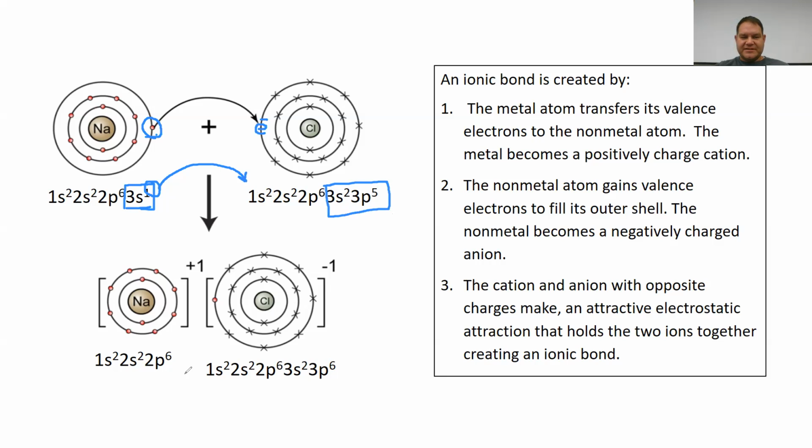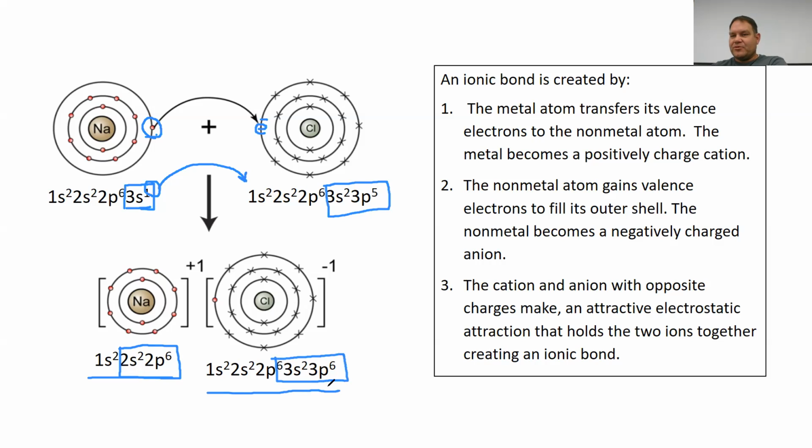And so if you look at the new valence electrons for these new electron configurations, for sodium, it's now the second shell because it's lost the electron in the third. And notice it's going to have a full shell now. 6 plus 2, 8 electrons. For chlorine, it didn't lose a valence shell.